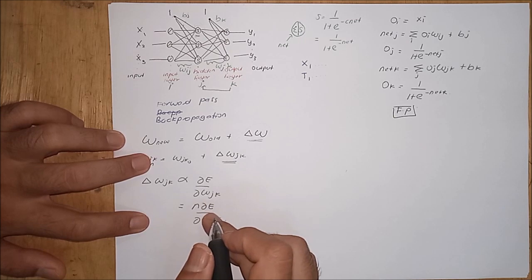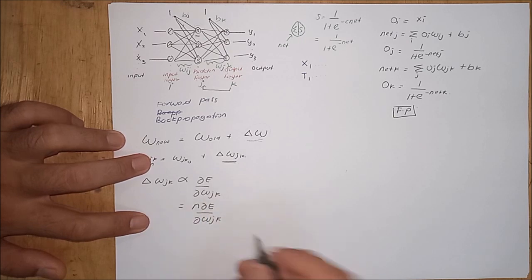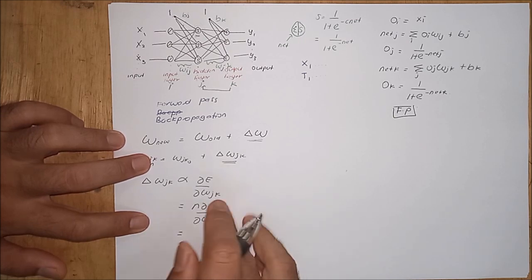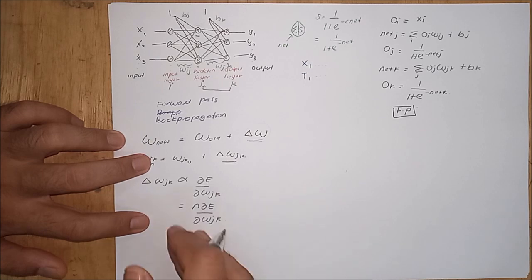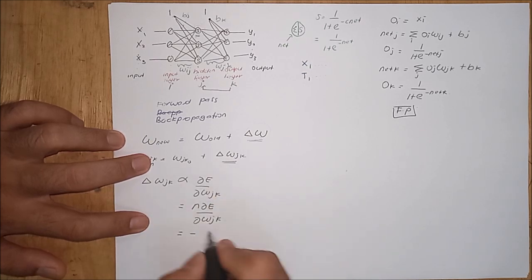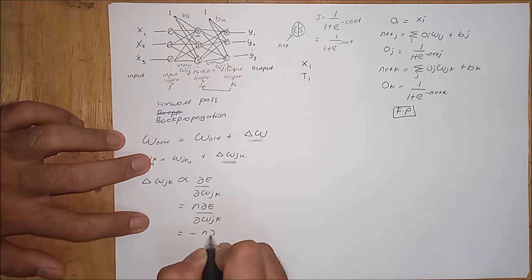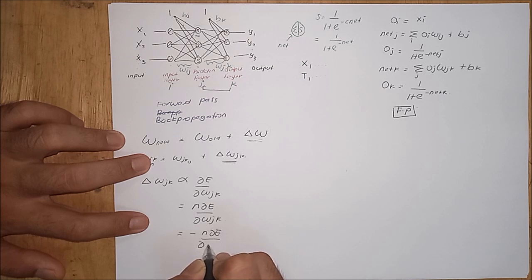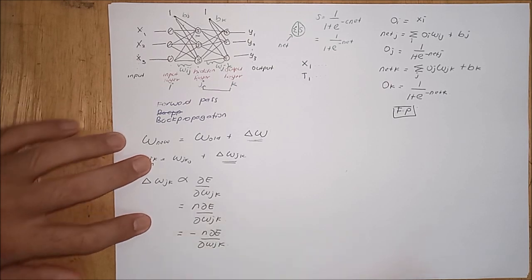For the backpropagation algorithm, since we assume that the new error will be less than the previous error, this causes the negative sign of the change of error with respect to the change of WJK.